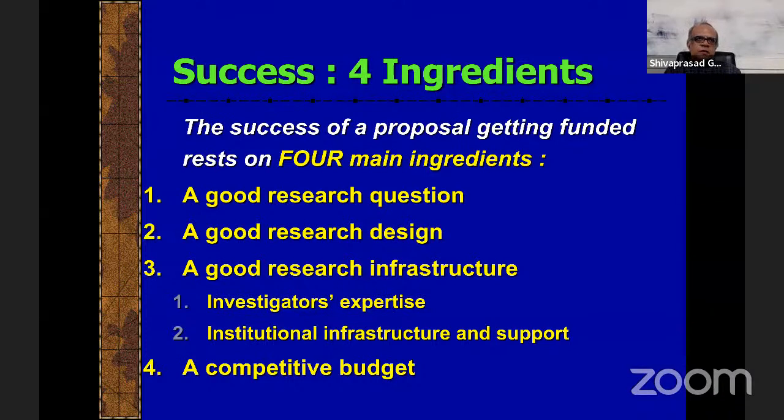Does the institution where these people work have the necessary infrastructure and support to do it? And then, of course, is the budget competitive? Because there may be other people working on the same research question, and if they have a more competitive budget, obviously they will score over you. So your budget also needs to be competitive.